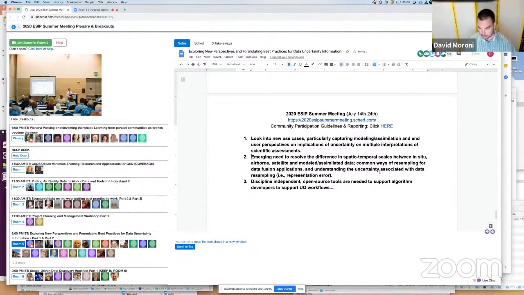Okay, and maybe think about how this overlaps with Bob's user perspective in some way.